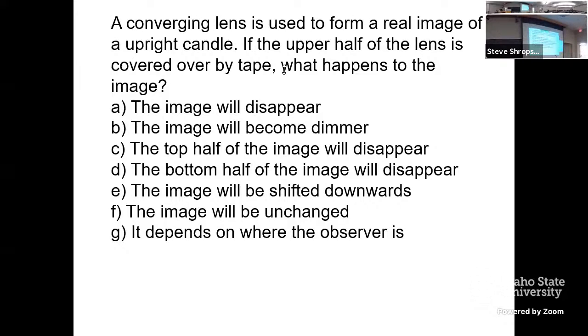Interesting. My recollection from yesterday is it was mostly C and D. Is that your recollection as well? I believe so. Yeah, we've had a change in attitude. The majority of the class is now going with B, in that the image will just be dimmer.